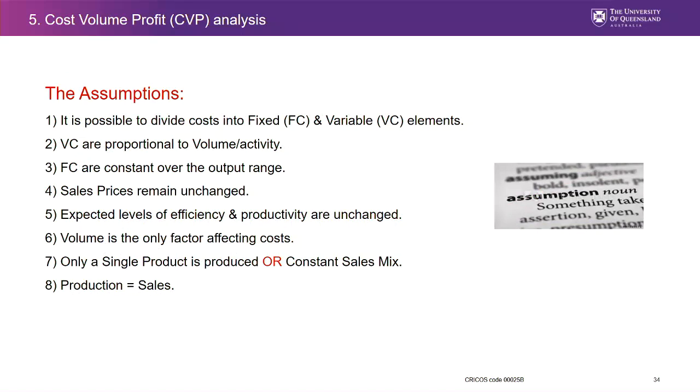Of course, there's a lot of assumptions that we make when we do these types of estimations. We assume that it's possible to divide our costs up into fixed and variable. We've done some very simple examples today, but in the real world, it's actually much more difficult.